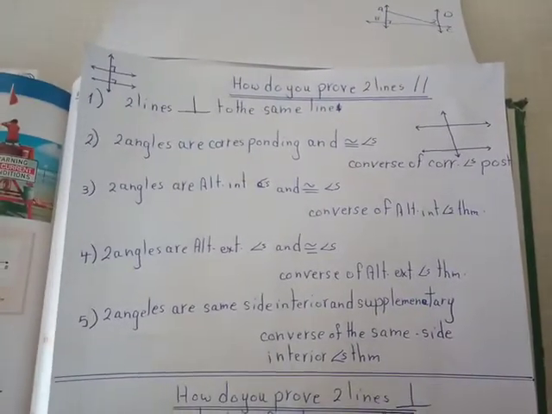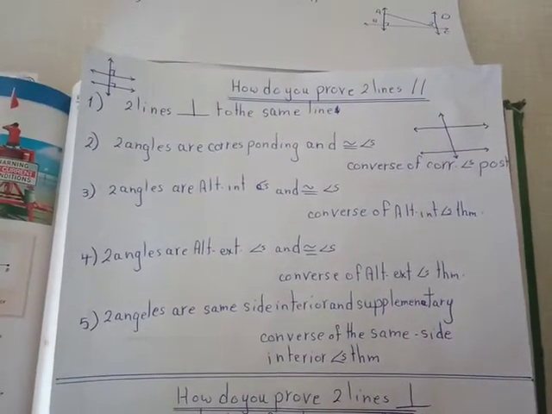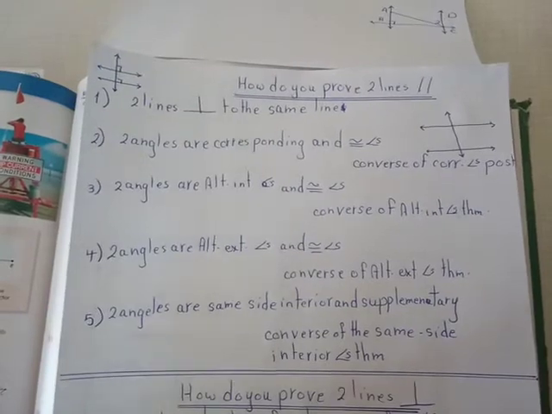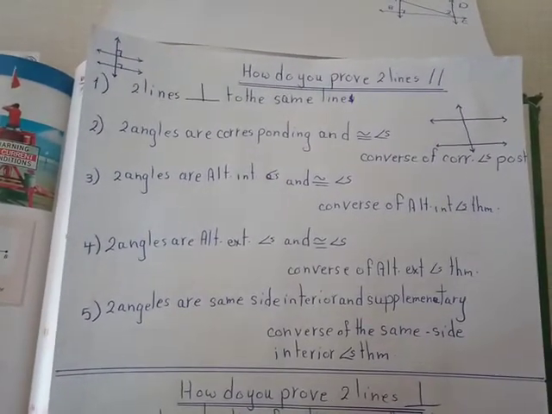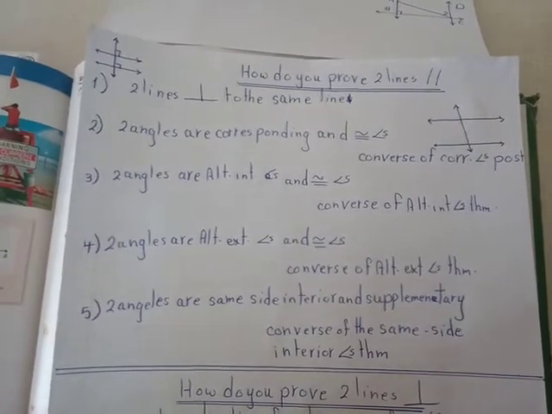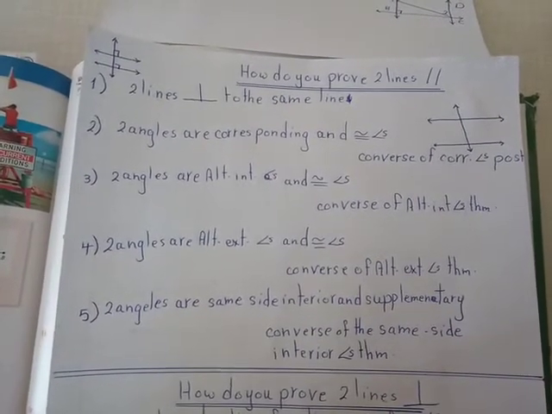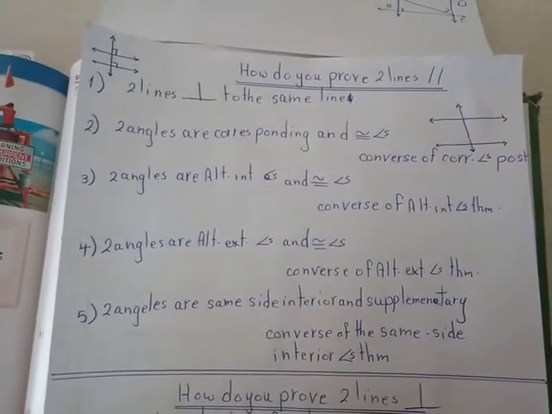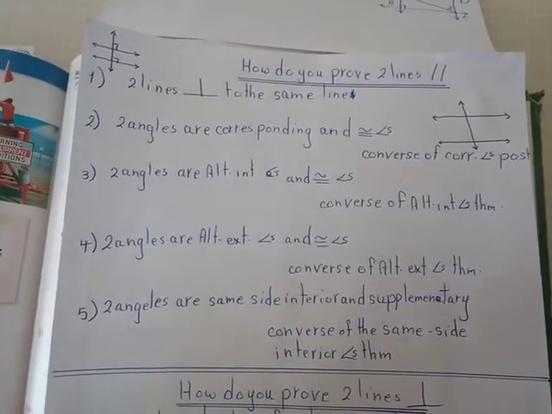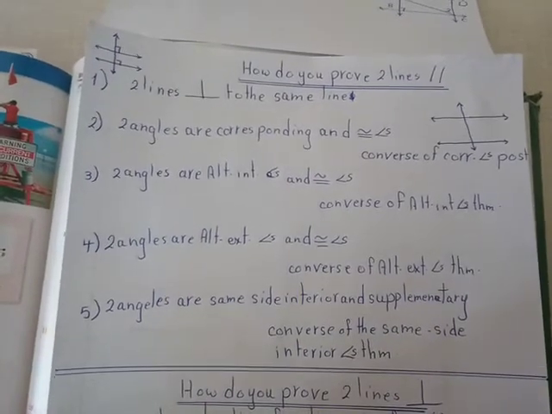Do you remember what is the meaning of supplementary? It means the summation of the two measurements equals 180. So the two lines will be parallel by the converse of the same side interior angles theorem. Okay, so we have 5 reasons to say the two lines are parallel.